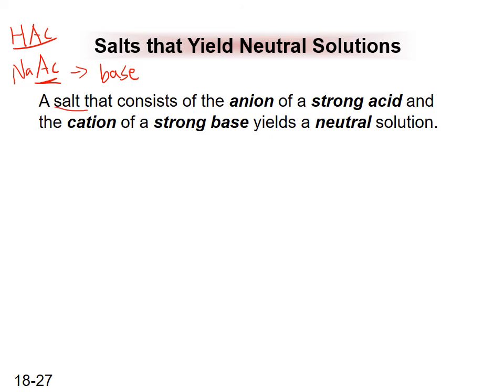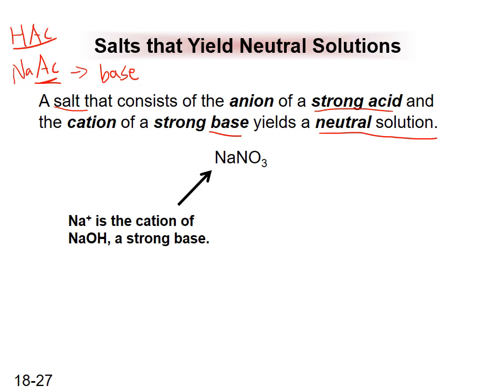A salt that consists of an anion of a strong acid and a cation of a strong base yields a neutral solution. Here is an example, sodium nitrate. The cation sodium comes from a very strong base, sodium hydroxide.